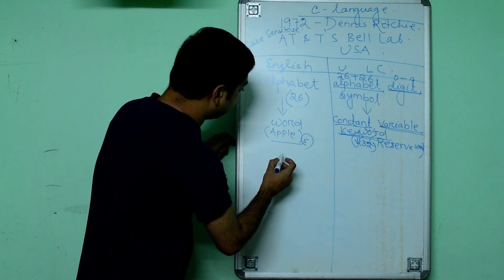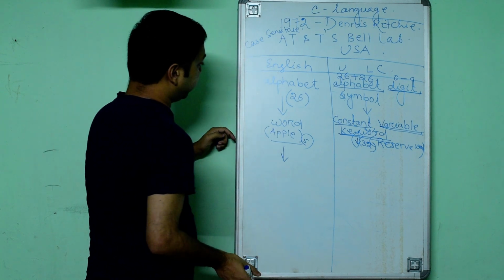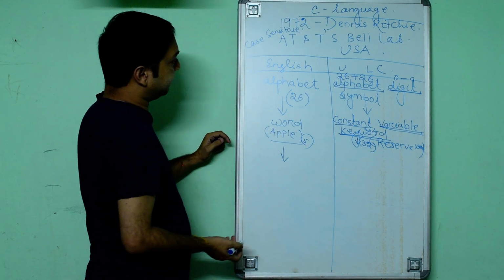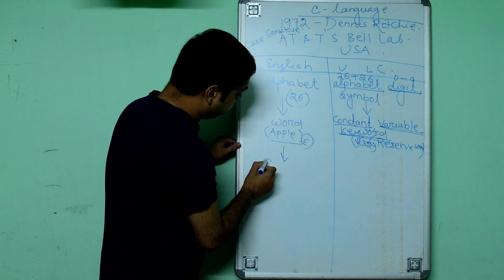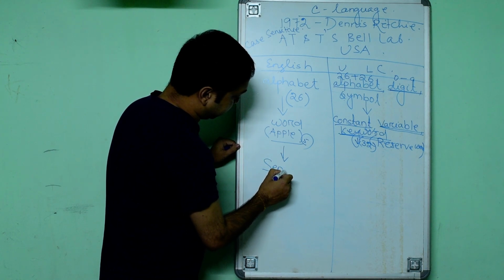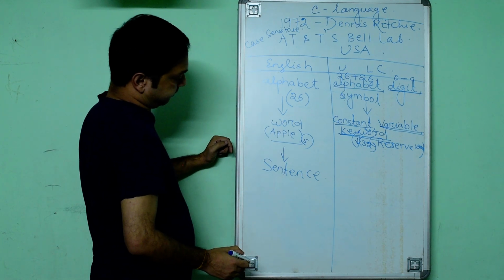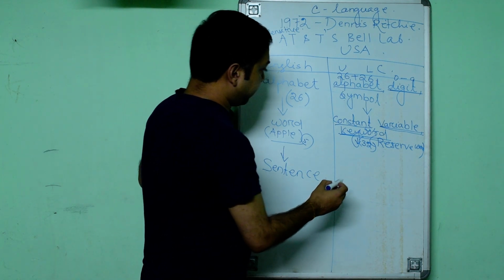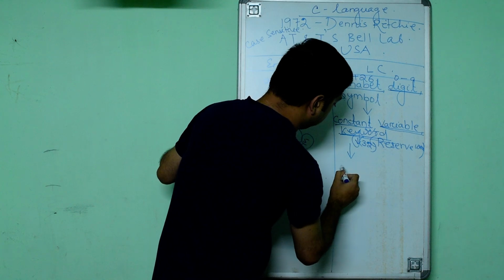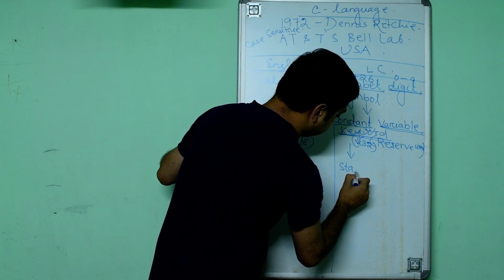Now up to the third step, from words. When you combine more than one word in English, that forms a sentence. In programming, this is otherwise known as a statement or instruction.